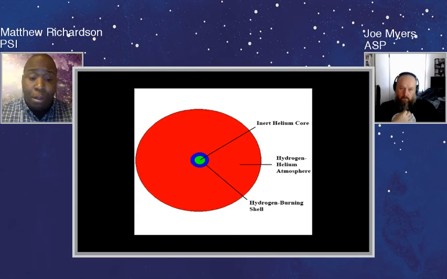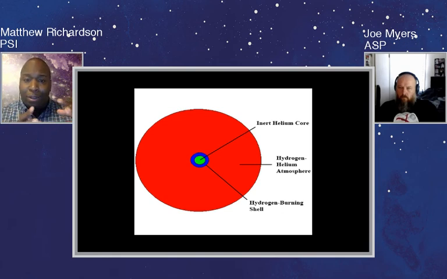So what happens now is, given that the radiation pressure from hydrogen to helium fusion has stopped, gravity is going to start winning, and so the core begins to shrink. The helium core, as well as the hydrogen shell around it, begin to shrink.